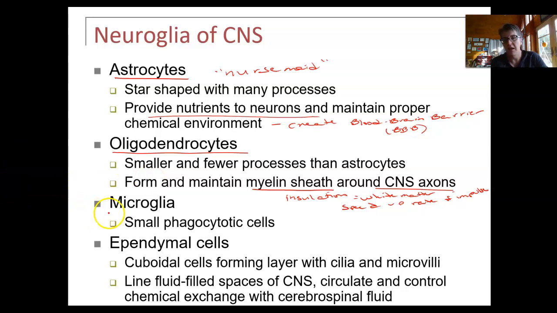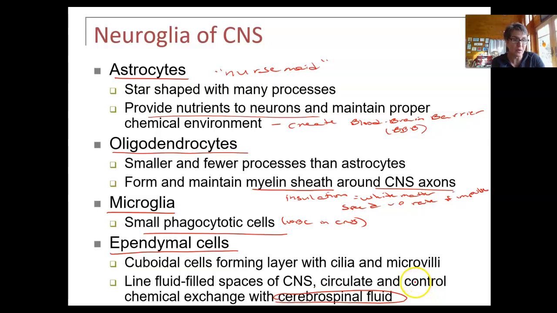Okay, so I have microglia. They are small phagocytic cells. They're kind of like the white blood cell in the central nervous system to clean everything up. And the other important cell that I have in the central nervous system is the ependymal cell. Ependymal cells are the cells that will make the cerebrospinal fluid. There's no blood inside your brain, right?